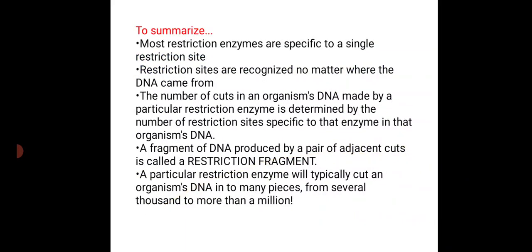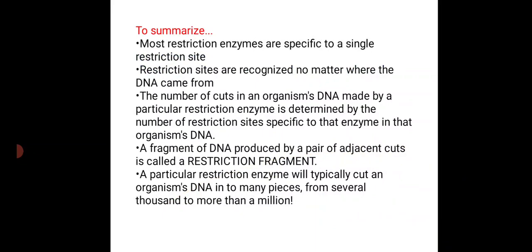To summarize, most restriction enzymes are specific to a single restriction site. Restriction sites are recognized no matter where the DNA came from. The number of cuts in an organism's DNA made by a particular restriction enzyme is determined by the number of restriction sites specific to that enzyme in that organism's DNA.